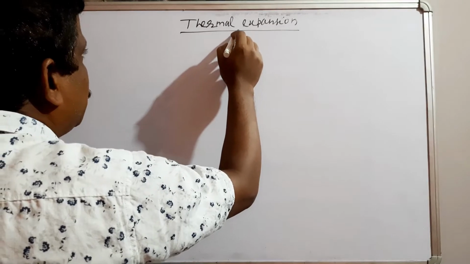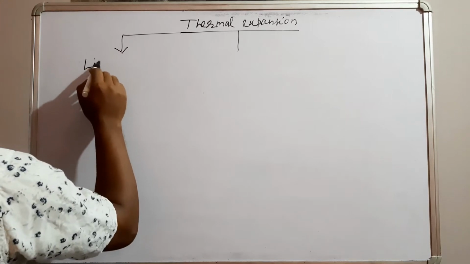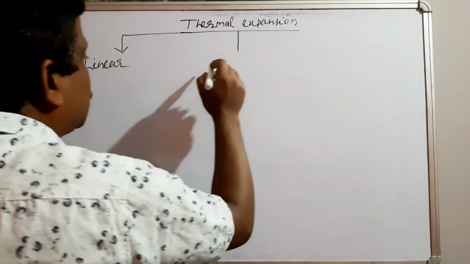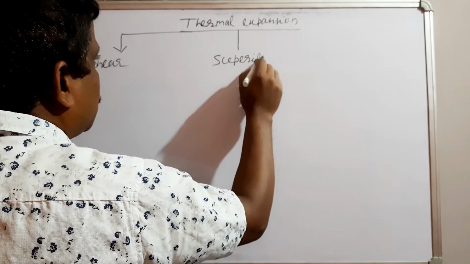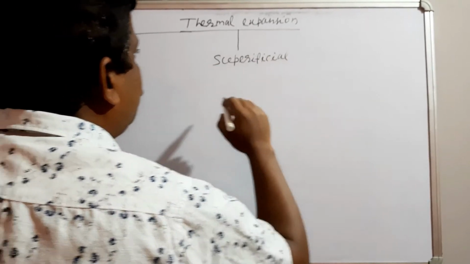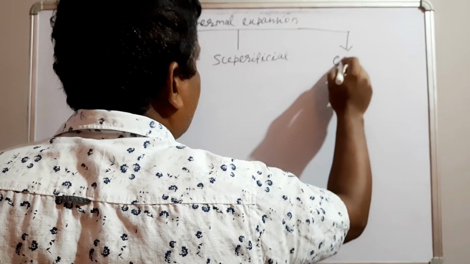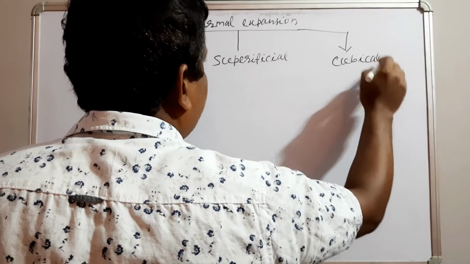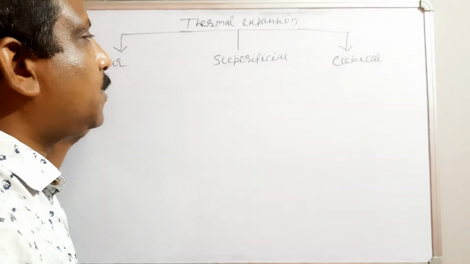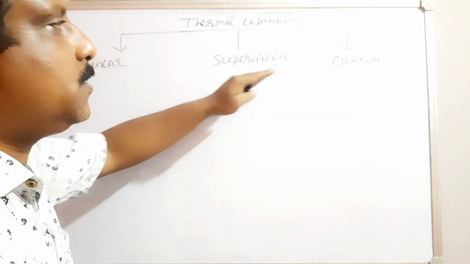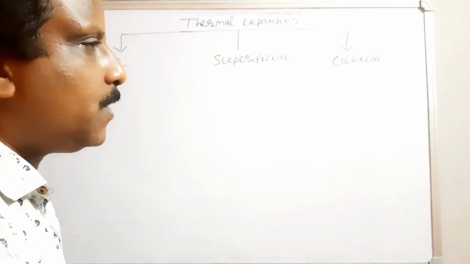It is divided into 3 parts: first is linear thermal expansion, superficial thermal expansion, then cubical thermal expansion. So thermal expansion is of 3 types. One by one I am explaining.